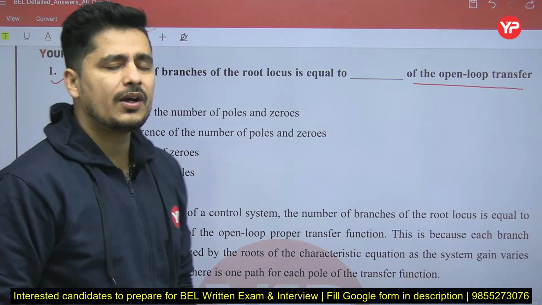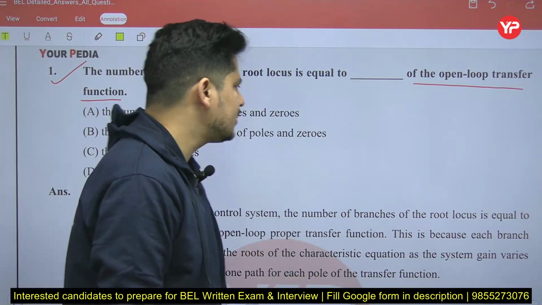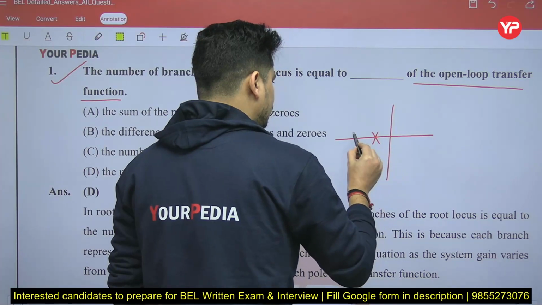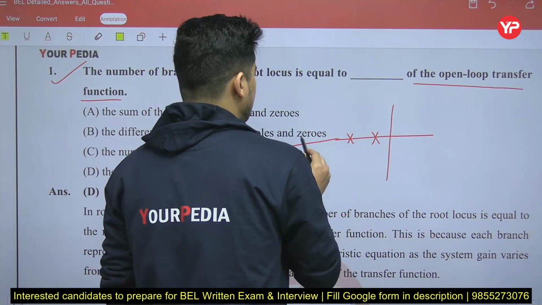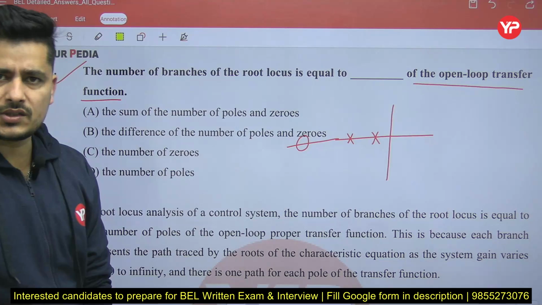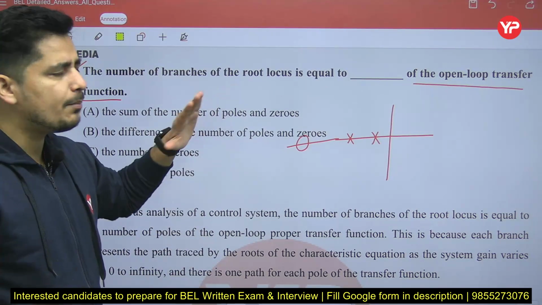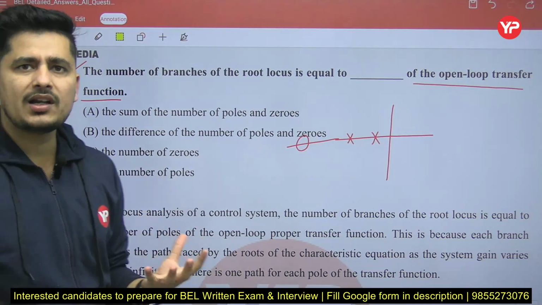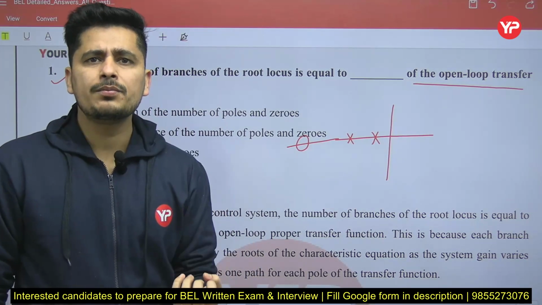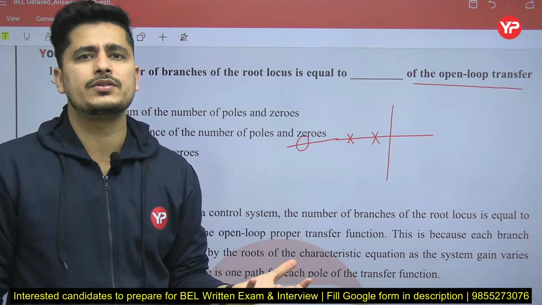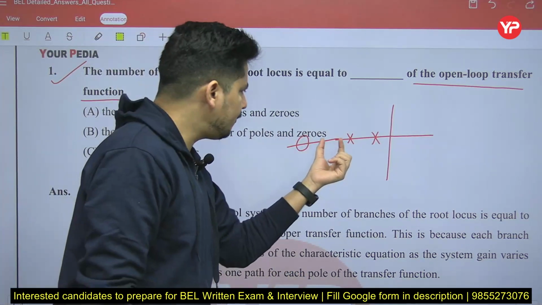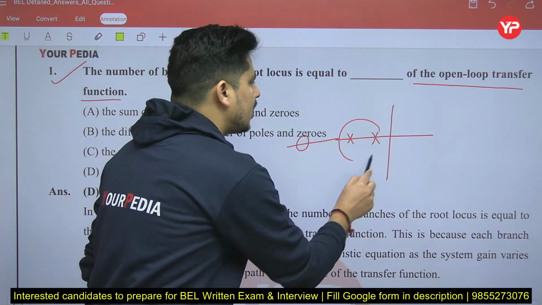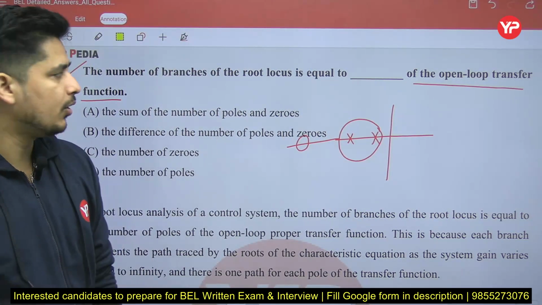See, the root locus starts from the poles and terminates on the zeros. He is asking about a proper transfer function, which has a number of poles higher than the number of zeros. If the number of poles is higher than the number of zeros, then the root locus branches are equal to the finite number of poles.